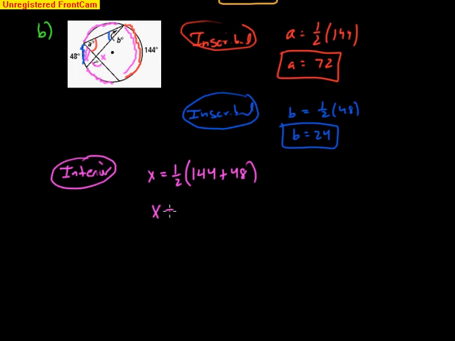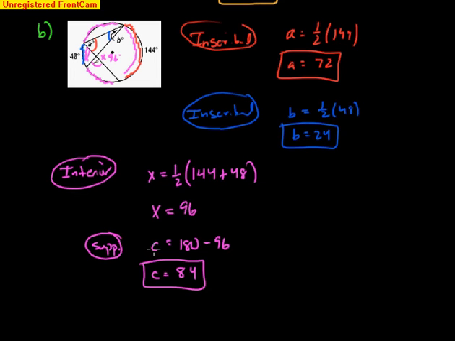X is 96. That's that angle right there. So to find C, we're going to take 180 minus 96, because C and X are supplementary. We use this supplementary idea. So we get C is 84. And there's our measure for these three angles. So here we have an inscribed angle, and then an interior angle. Okay, very good. Again, not the easiest problems, but good problems.